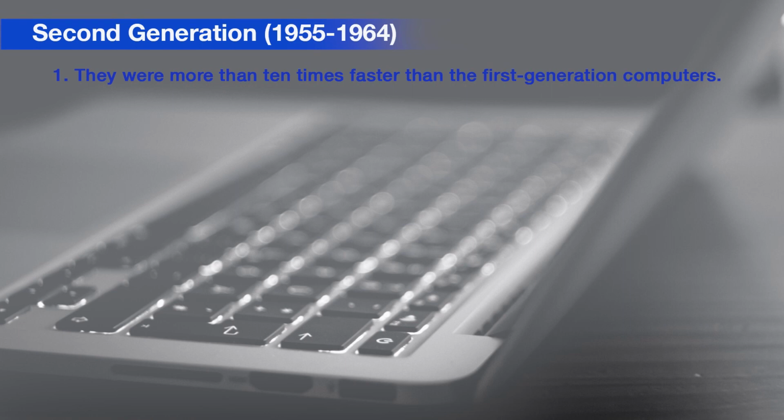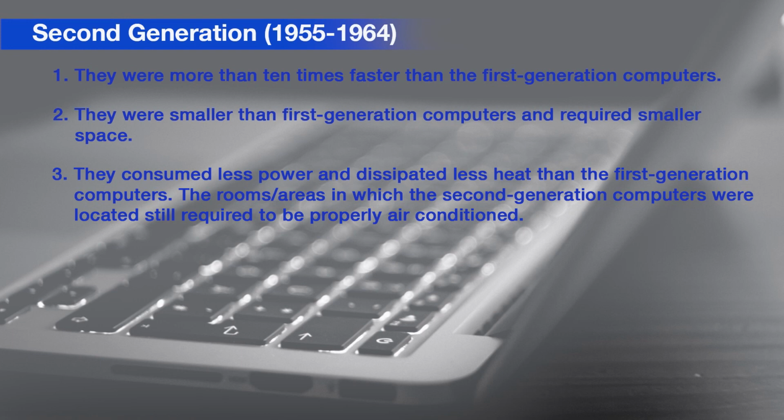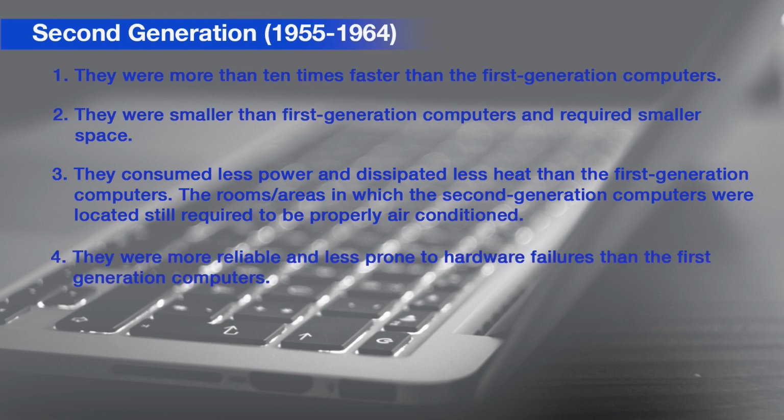Some good features of second generation computers are: it is more than 10 times faster than the first generation computers, smaller than first generation computers and requires less space, consumed less power and dissipated less heat than the first generation computers, and more reliable and less prone to hardware failures.